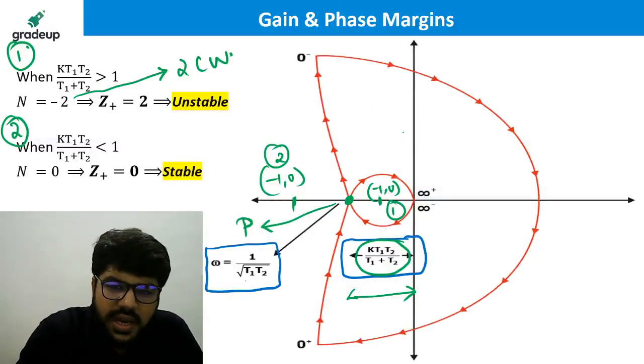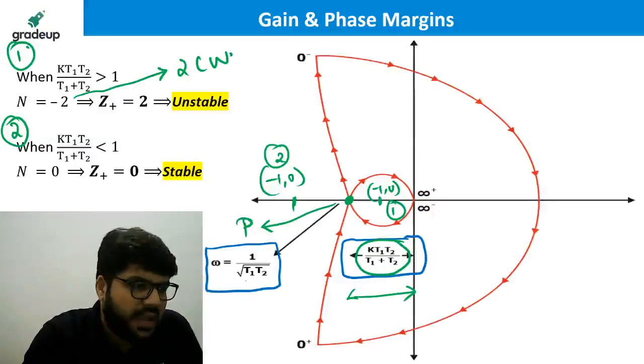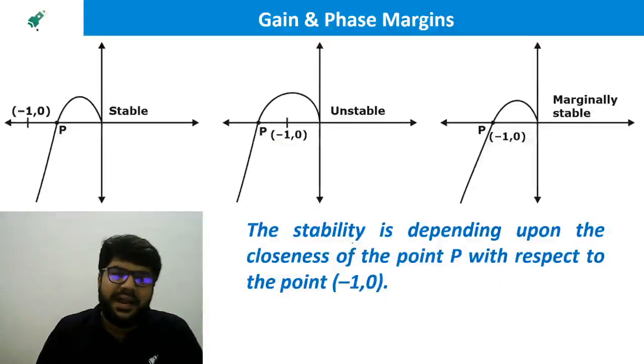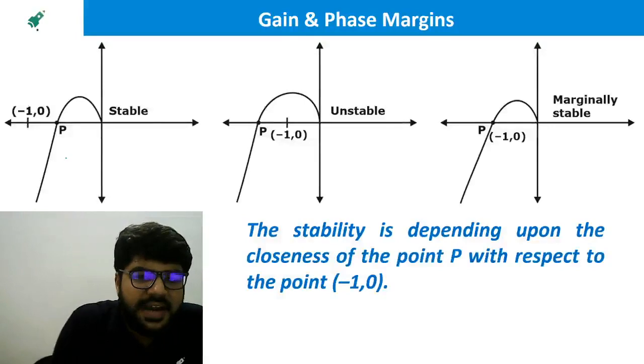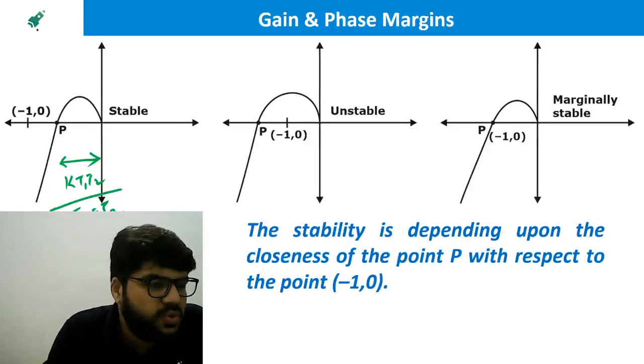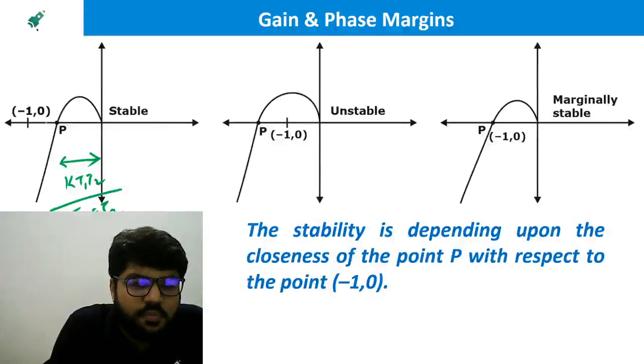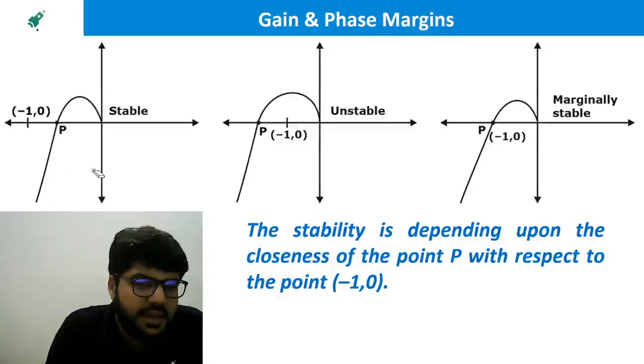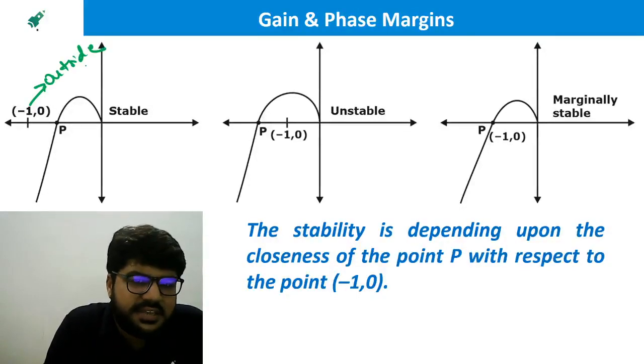So I will call this point P. And as specified for the stable case, case number 2, this distance k t1 t2 divided by t1 plus t2 is less than 1, meaning point P is coming before minus 1, 0. The system is stable. This means it is outside, the case number 2 which I have just explained.